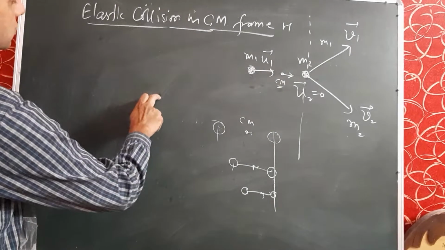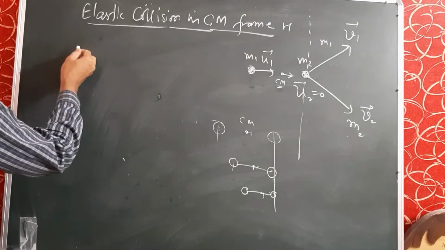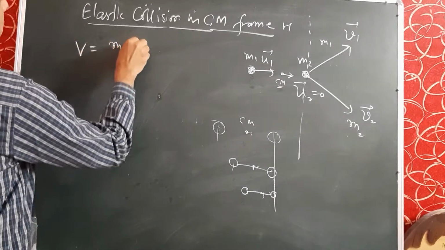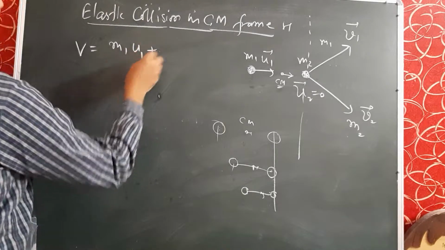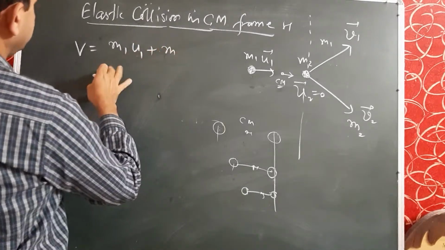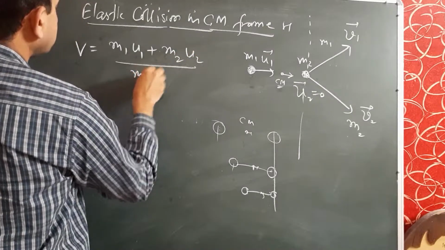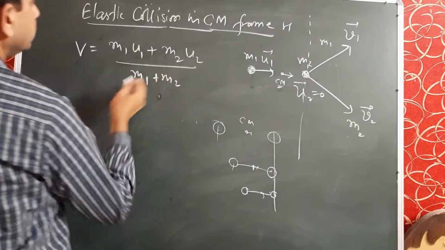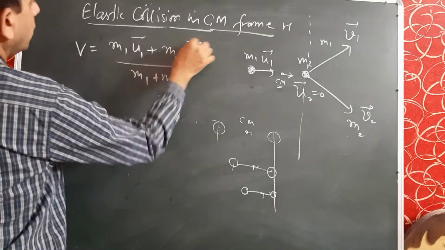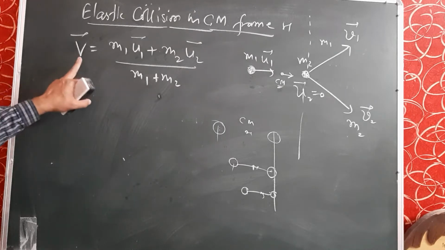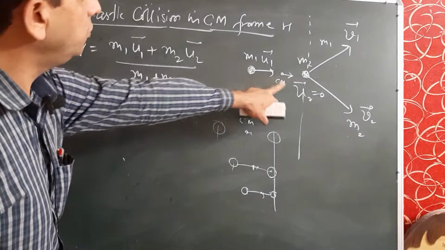We have already discussed that the velocity of the center of mass is equal to m1 u1 plus m2 u2 over m1 plus m2. We studied this formula in the previous article on the center of mass. So this is the velocity of the center of mass before collision.